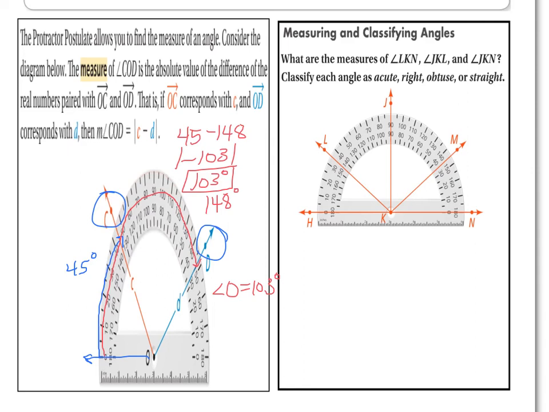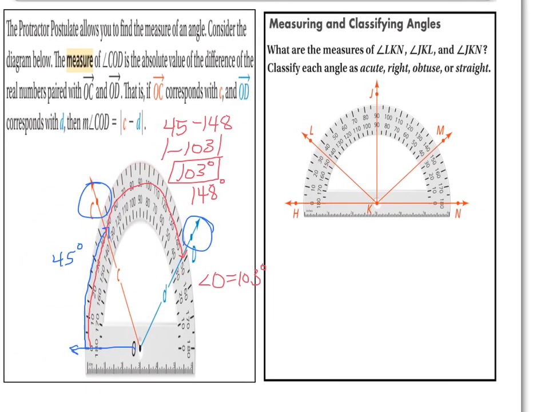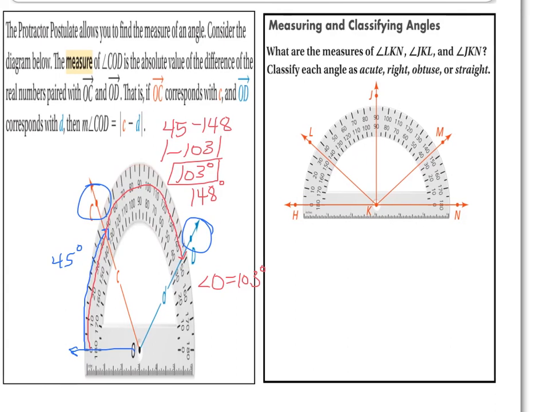All right, what we're going to look at now are some examples using the protractor. It says, what are the measures of angle LKN, JKL, and JKN? And then classify. Tell me, is it acute, right, obtuse, or straight? All right, so let's take a look at angle LKN.